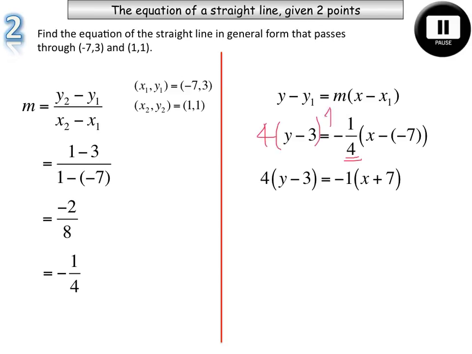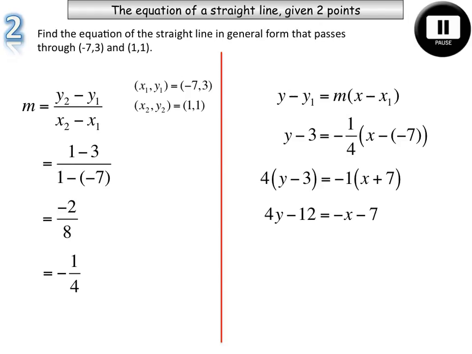Multiplying the right hand side by 4 means that those will cancel, and then you have 4 brackets y minus 3, and then you have a -1. You don't have to have the 1 there, but I'm just going to write it in so you can visually see that 1 is still there, and then this becomes x plus 7.